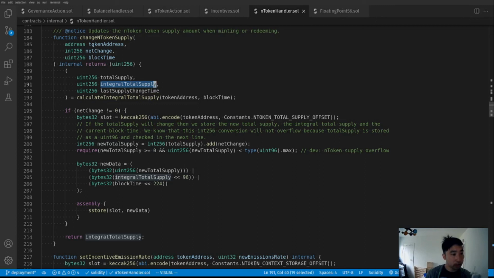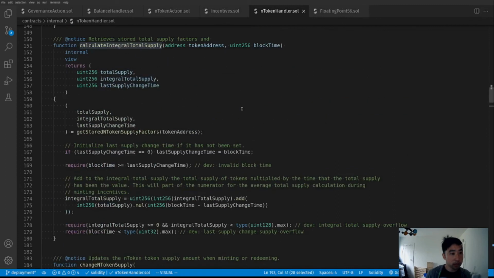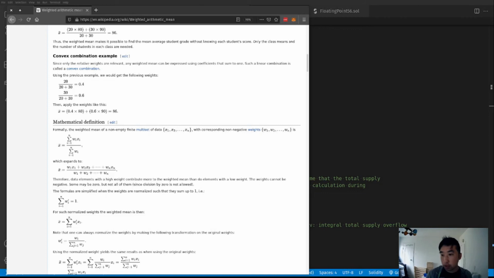When we change the nToken supply, we calculate this thing called the integral total supply. You can think of the integral total supply as the numerator within a weighted average of the total supply. One way to see this is to look at the definition of a weighted average.